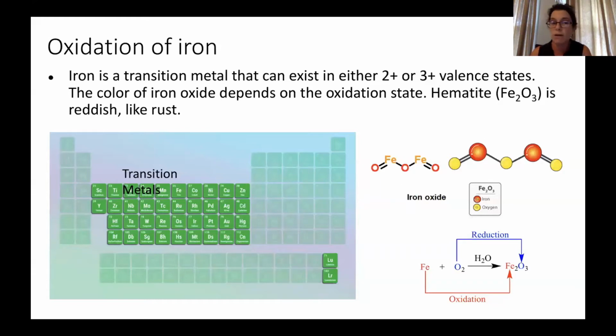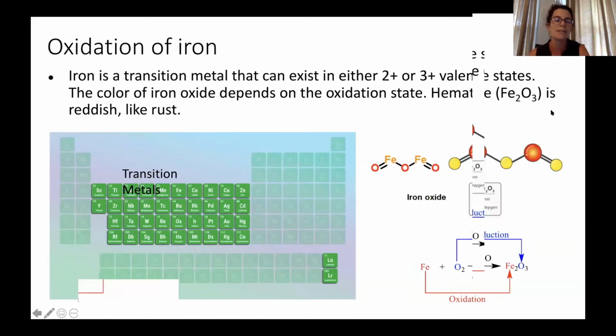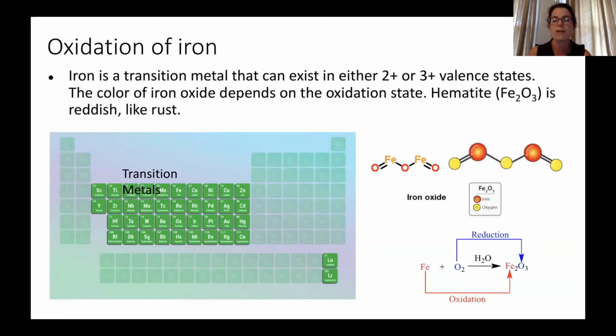So iron, like other transition metals, can exist in a variety of different valence states. So it can be in either a 2+ or a 3+ state, and that means that it can be oxidized to varying extents and paired with varying numbers of oxygen atoms. And the color of the iron oxide actually depends on the oxidation state of it.